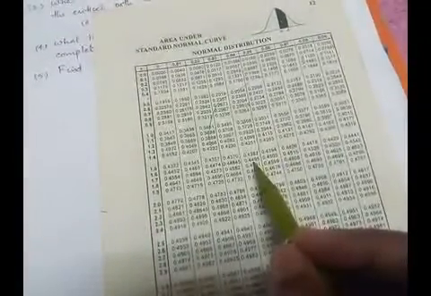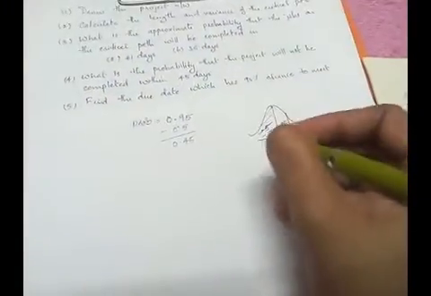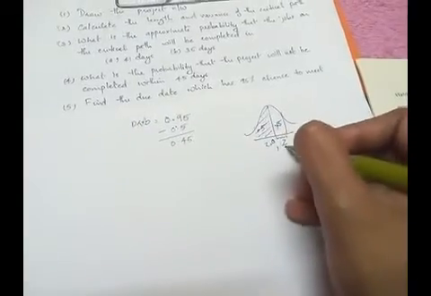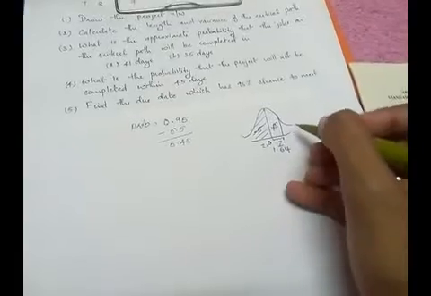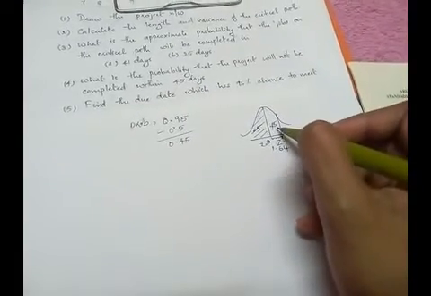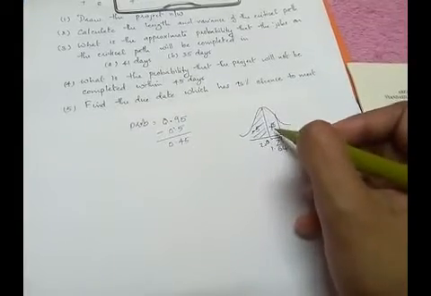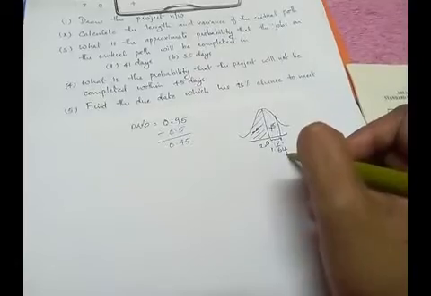I am going to take z dash as 1.64. That means the z value at the area 0.45 is 1.64.